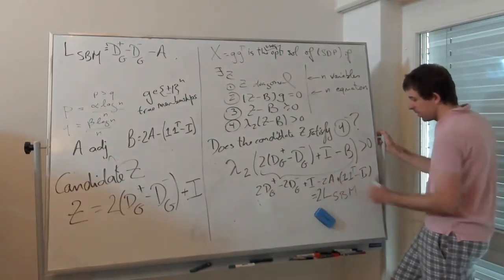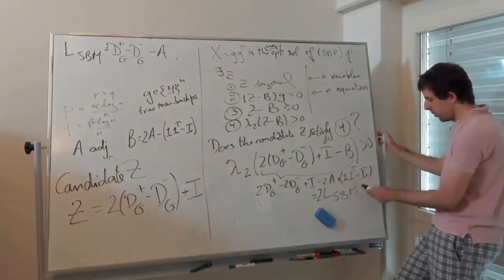Right. The identities cancel out, and we get 1 transpose.